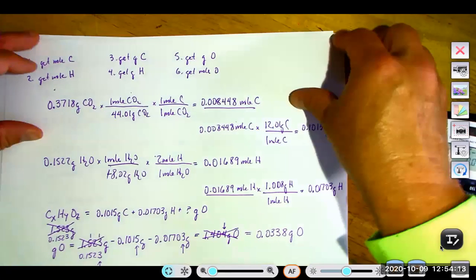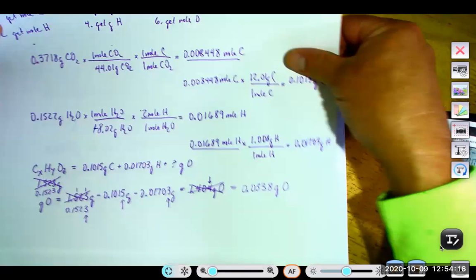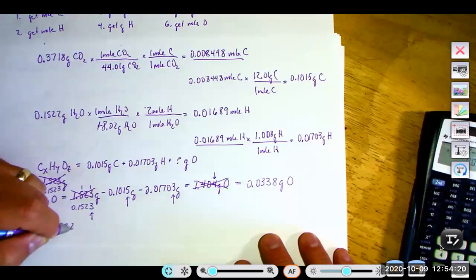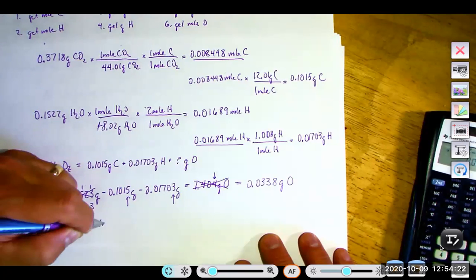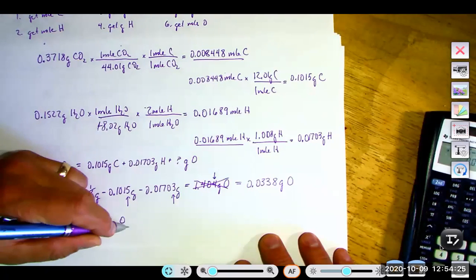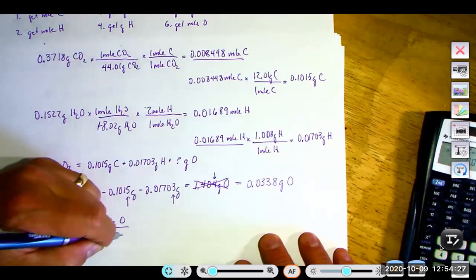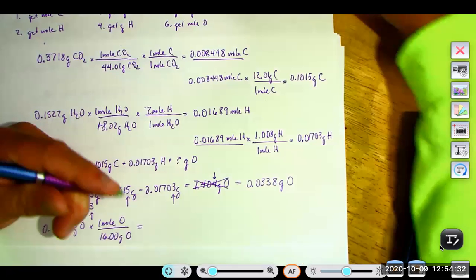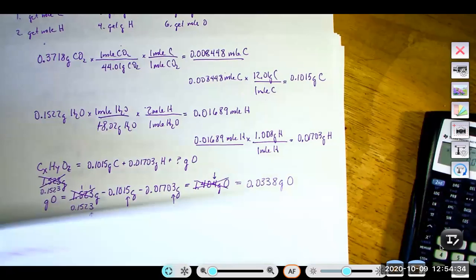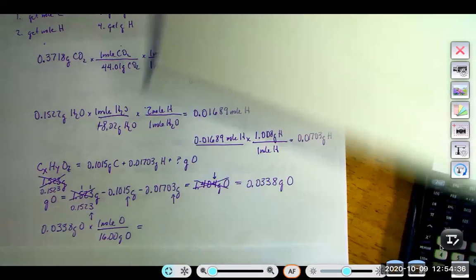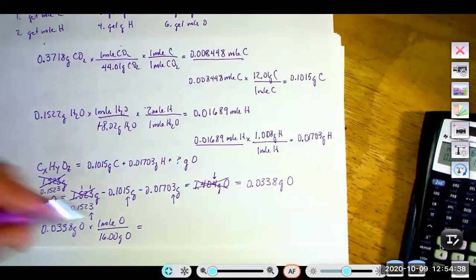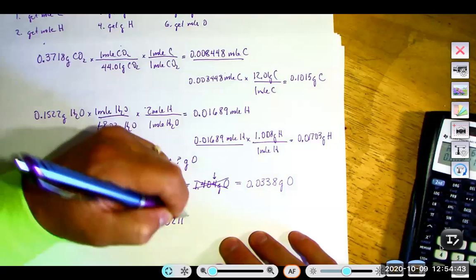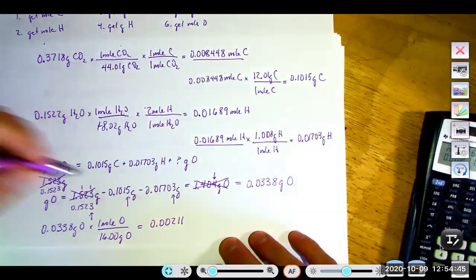So let's do that. 0.0338 grams of oxygen times 1 mole of oxygen per 16.00 grams of oxygen. And here when I'm looking at this, I see that this says mole and this says gram, and that's why I realized I made a mistake. So divide this by 16, and we get 0.00211 mole of oxygen.